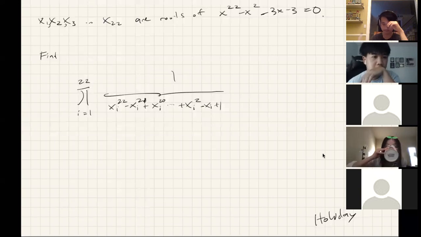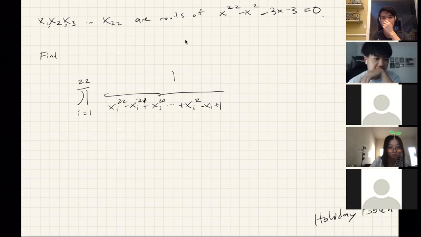This is from Holiday Problems. Alright, so this one is about roots of a polynomial, which is also a setup that comes up pretty frequently.